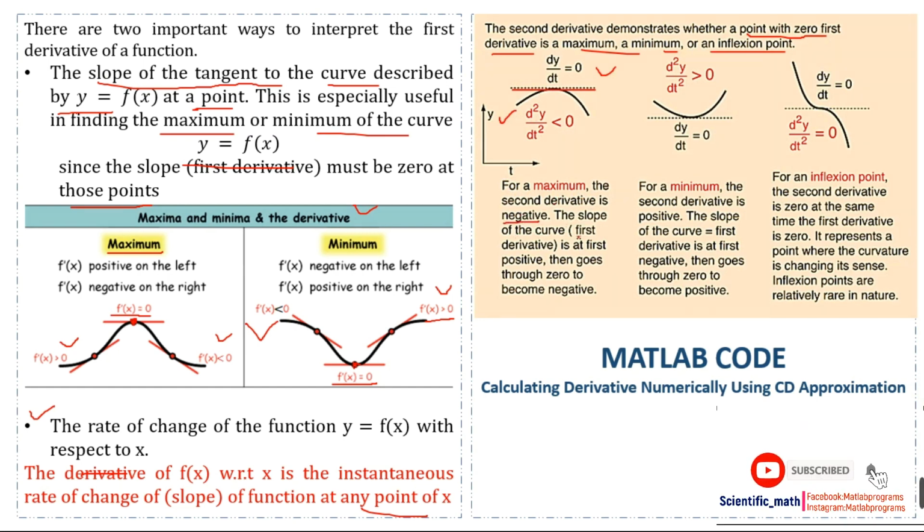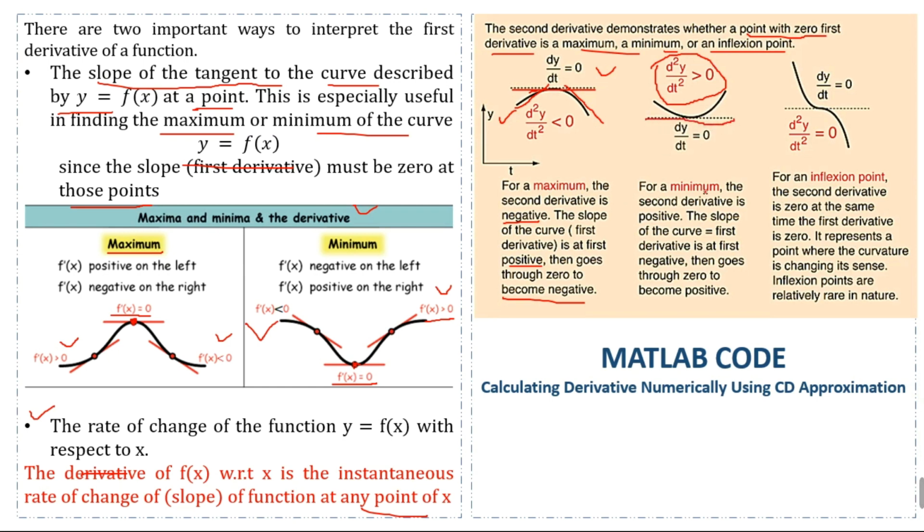The slope of the curve, the first derivative, at this point is positive, and then goes through 0 and becomes negative. First it is positive, then at this point it is 0, and then it becomes negative. Next we have a point where the second derivative is positive, greater than 0, and the first derivative at this point is 0.